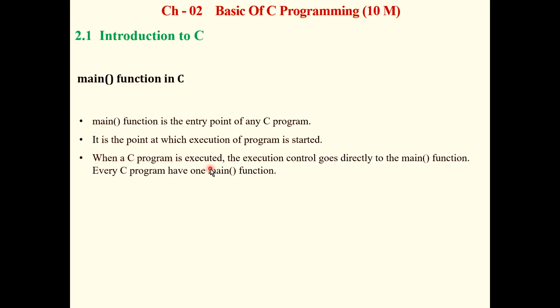When a C program is executed, the execution control goes directly to the main function. Every C program has one main function. The main function is compulsory in every program. Okay, and remember this point, the execution of a C program starts from the main function. So thank you.